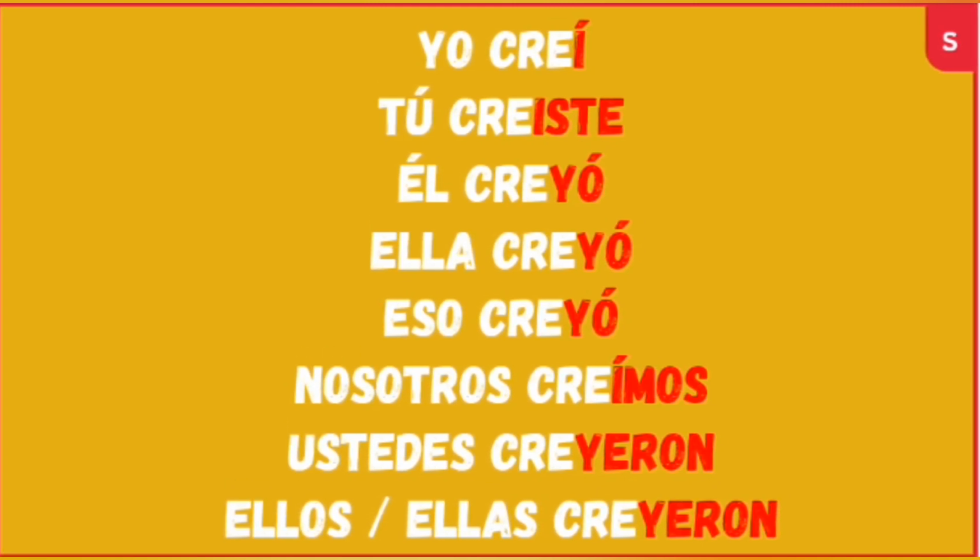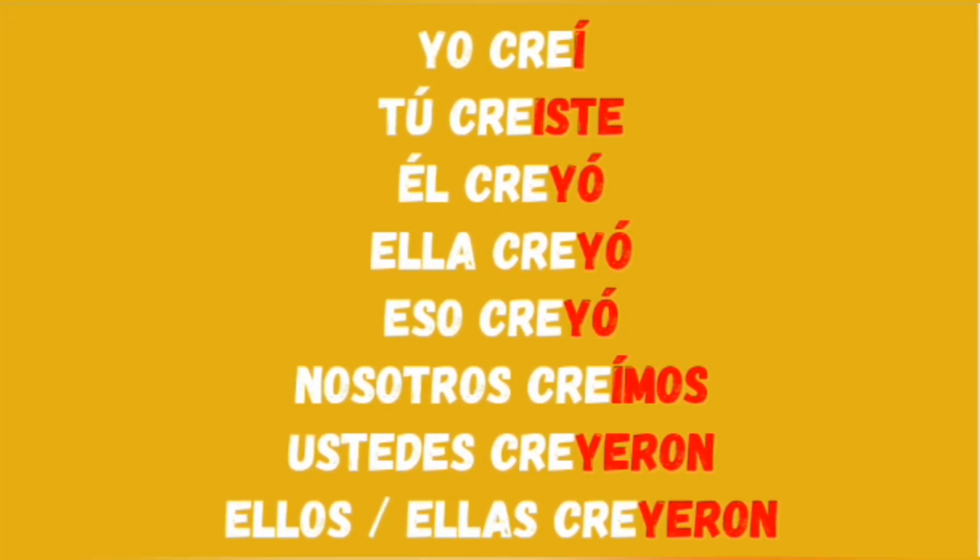If you want to say you believed, you have to say tú creíste. If you want to say he believed, you have to say él creyó. To say she believed, you have to say ella creyó. To say it believed, you have to say eso creyó.